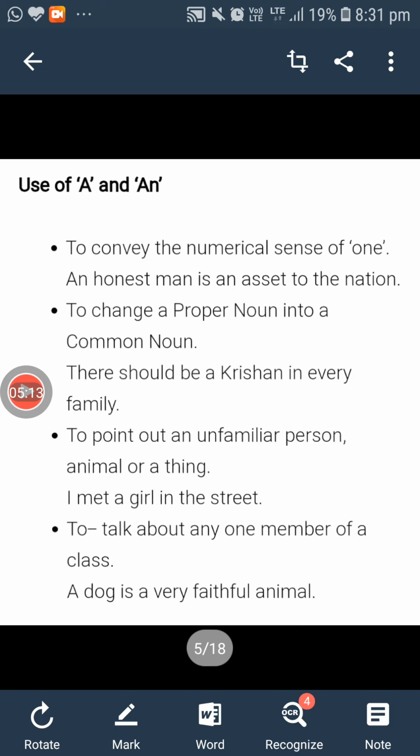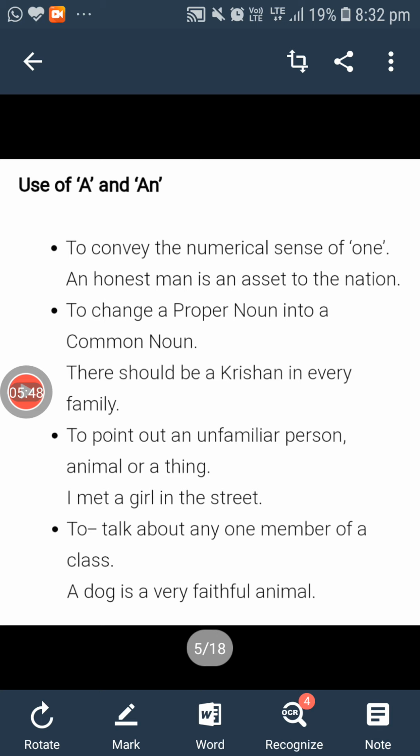Then we use a with a singular countable noun as an example of a class of things, like a pet needs love, a father deserves to be respected by his children. Okay, so this is about a. And then the expression of frequency also, like put these eardrops twice a day, 3 times a day in summers. So in all these cases we use the article a.